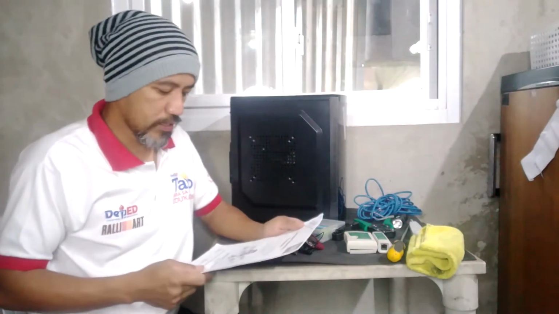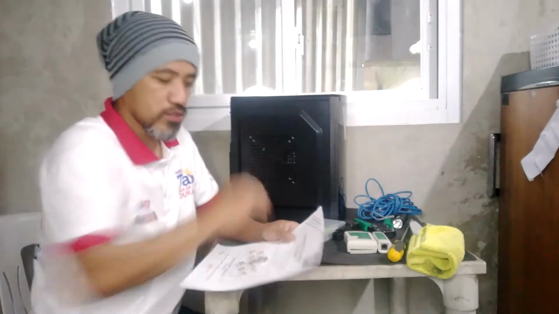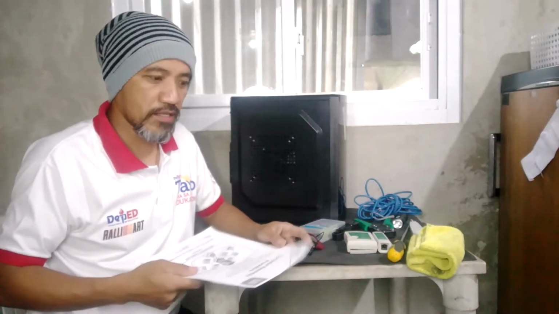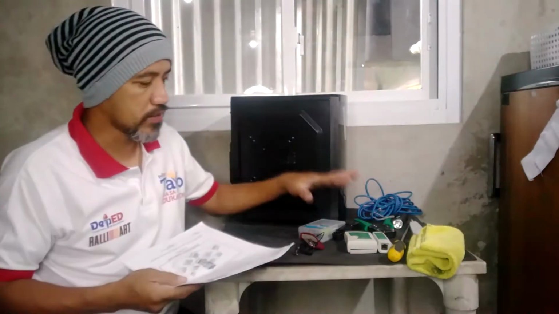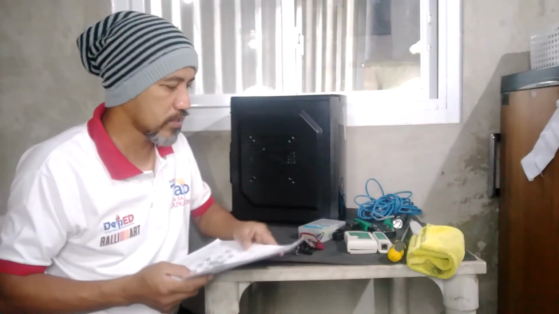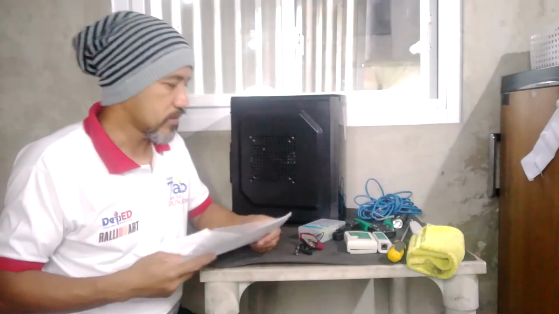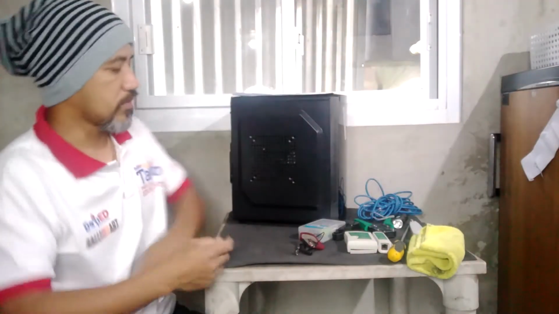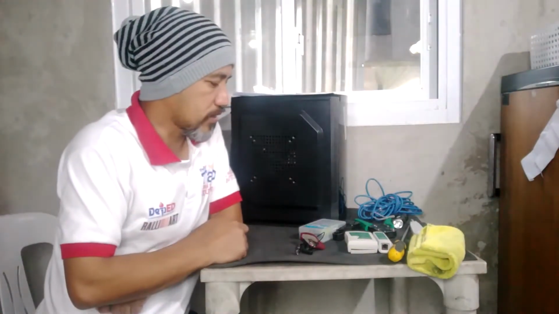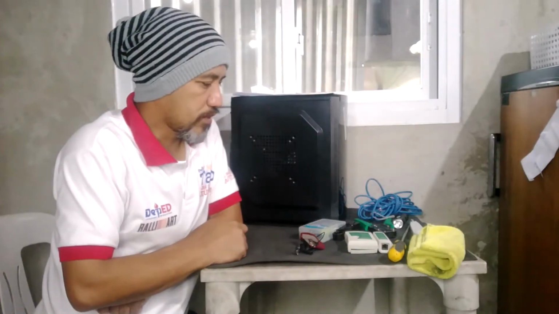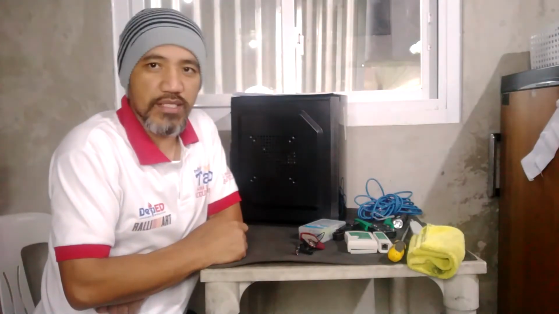Before we proceed to the disassembly procedure, we must first identify the different tools that we are going to use in this process. In computer system servicing, we have different kinds of tools that will be utilized during the entire process.